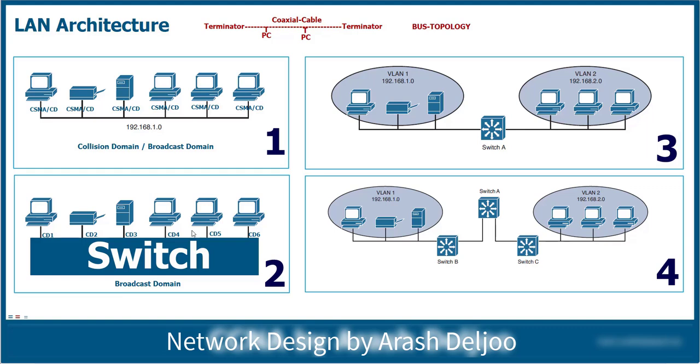And also you know that the switch by default floods all broadcast frames to all of its interfaces except the incoming interface. For example, if PC1 sends a broadcast, this broadcast should be flooded to the other interfaces. As I explained before, this is not suitable for a large network.